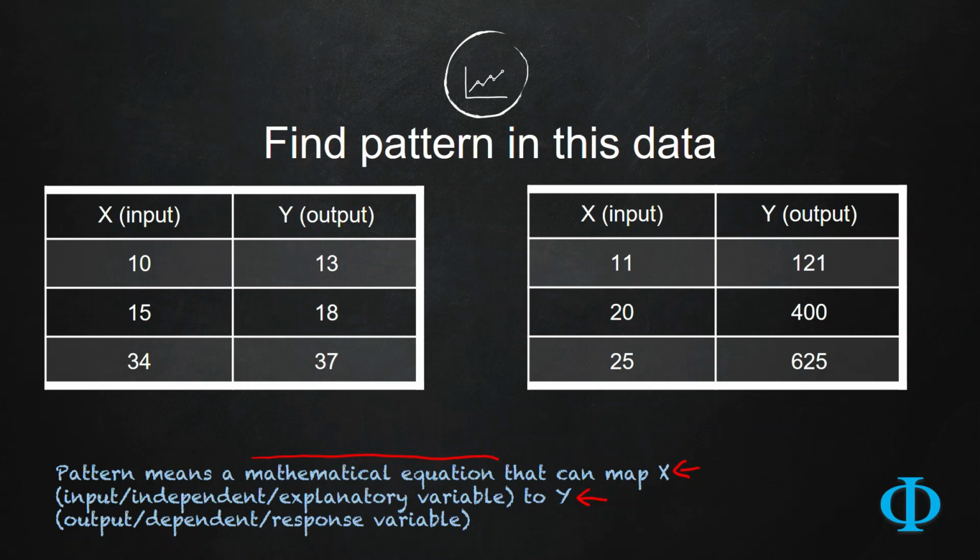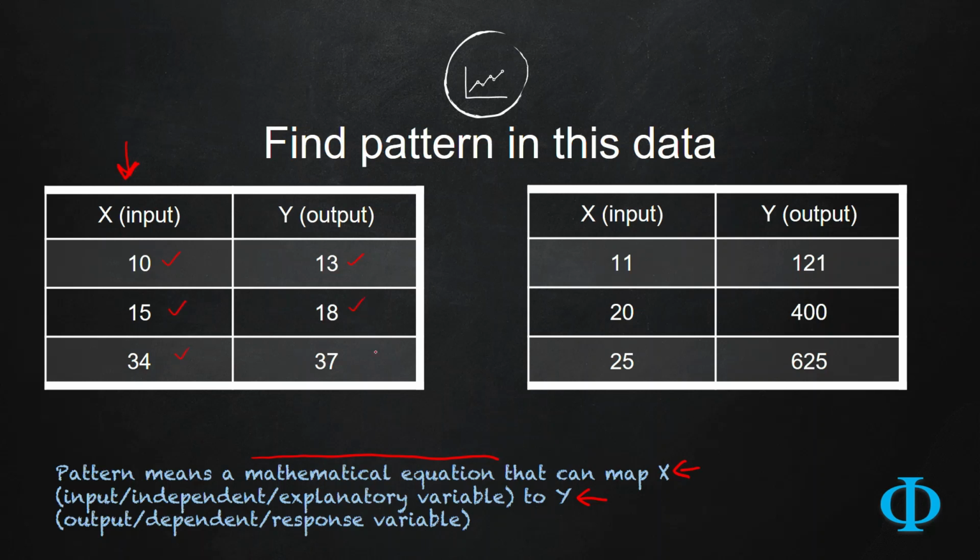So let us try to understand it with a very simple example. Let us focus on the table on the left hand side of this slide. Here you can see some data points. For x equals 10, the value of y is 30. For input 15, the output is 18.